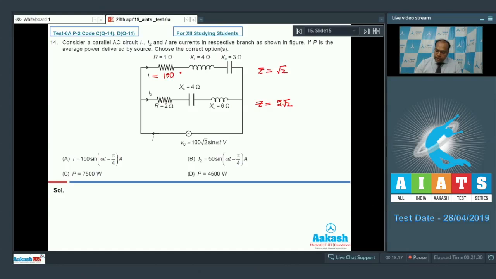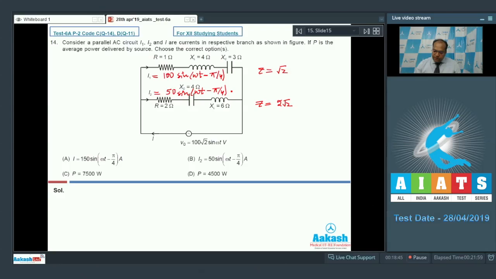So 100 sine omega t, and the current is lagging by a phase of pi by 4, so minus pi by 4. Similarly, I2 can be written as V0 divided by Z, so 50 into sine omega t minus pi by 4. Again the current is lagging by a phase of pi by 4.